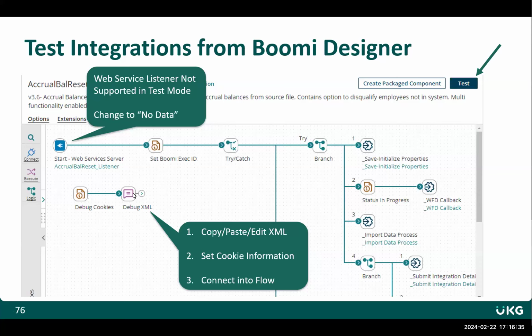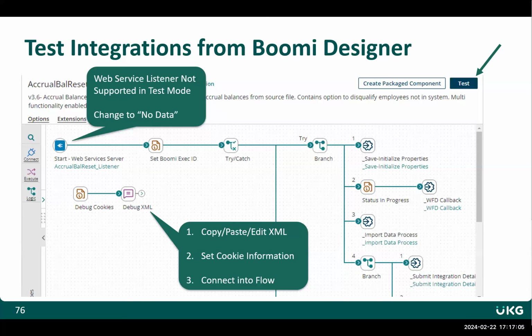What we'll do is edit that XML and put variables for the cookie information, and then feed those variables from a set property shape. And what we can do is go out to a live session, borrow its cookie information, copy and paste it into that set property shape, and that will get injected into the XML. It'll be a good cookie, and now our integration will work as expected.